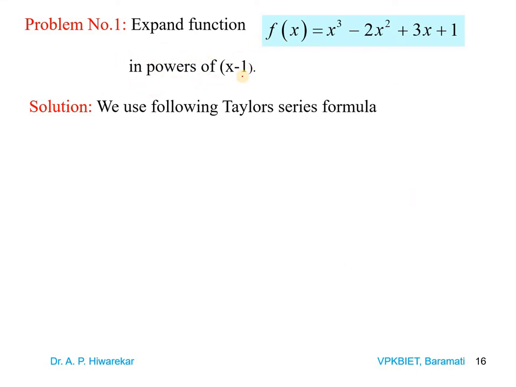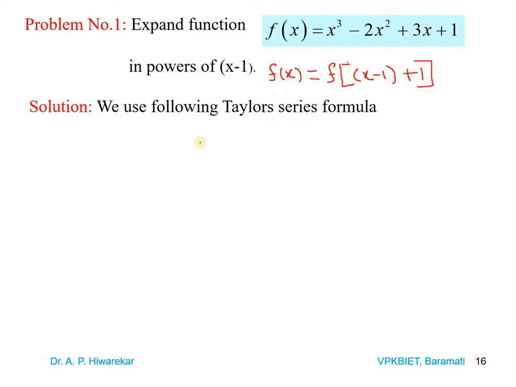Means what exactly we have to do? I have to express f(x) in powers of what? Yes, x minus 1. So what I will do? f(x) I will write as f of (x minus 1) plus 1.